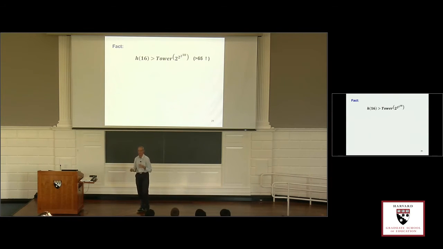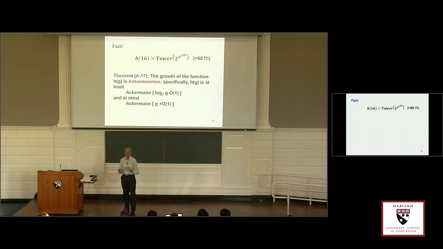I was going to say, this is an exclamation mark and not a factorial sign, but even with a factorial, and in fact even with three factorials. So it's really a big number. The result is pretty technical, and it takes some effort to prove that this really behaves like the Ackermann function.